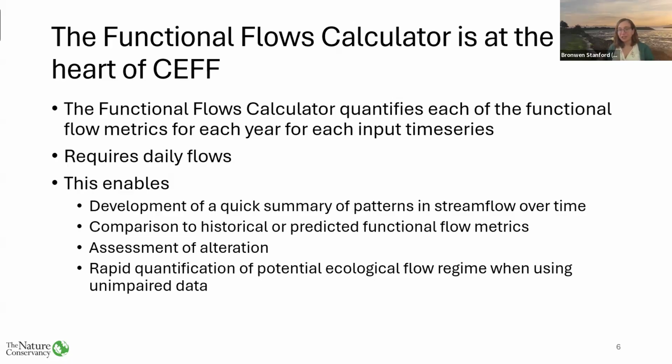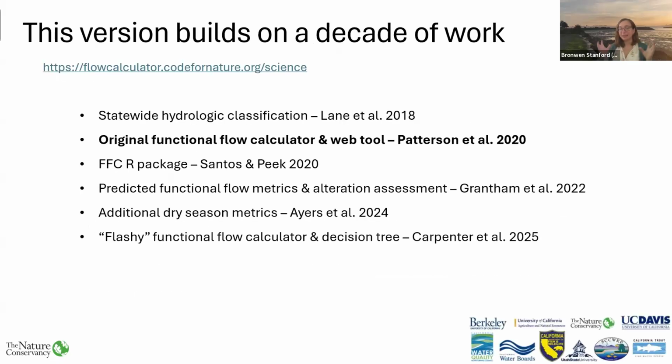And we've had a functional flows calculator since 2018, 19, I think it was finalized in 2020. But this is the first major update we've done. And it builds on the work from the first calculator and a bunch of other work that's gone on in the past 5 years.